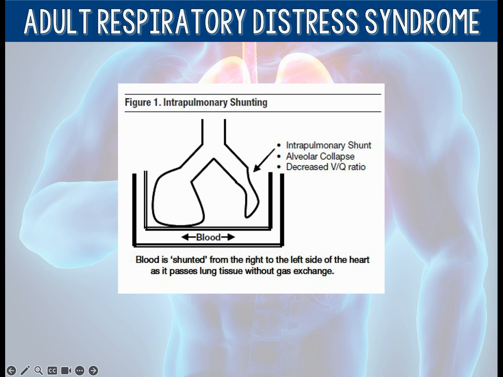You can have blood go through it and try to put air through it, but it's collapsed. The blood can go through it, but again, it has no ability to pick up any oxygen from the blood cells. So blood is shunted.